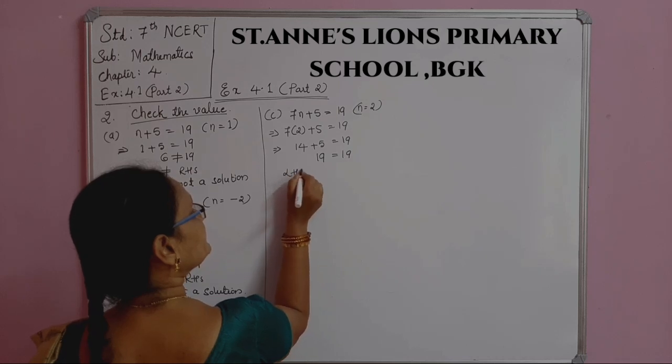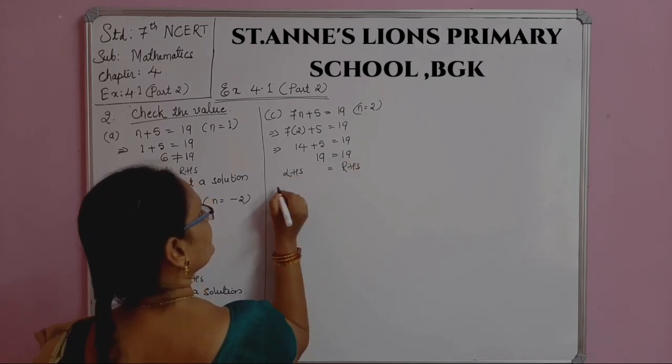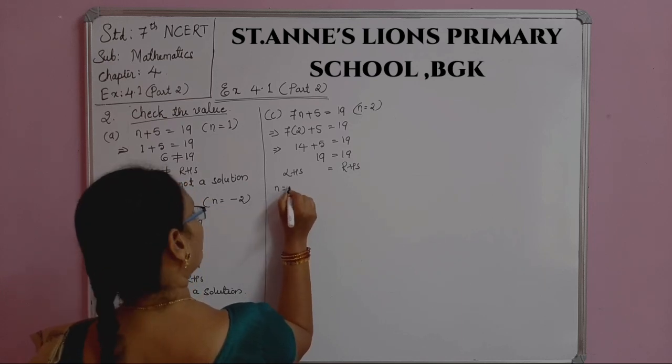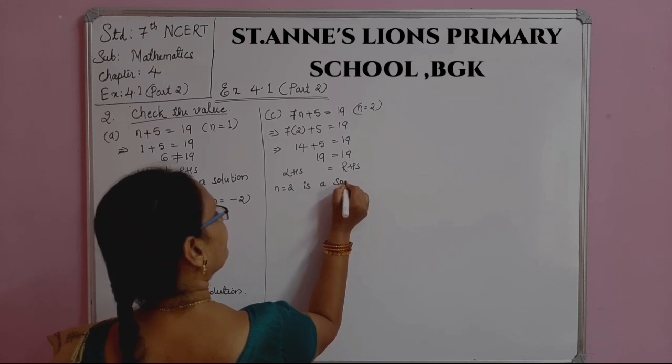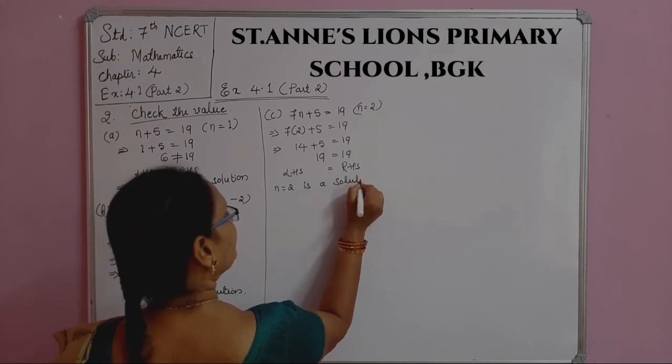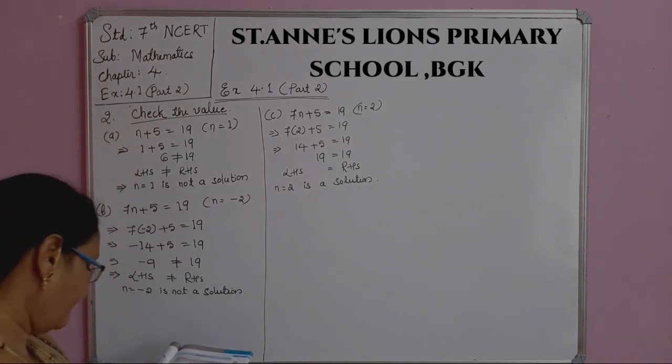Yes, so LHS is equal to RHS. So n equal to 2 is a solution. This is the correct solution they have given.